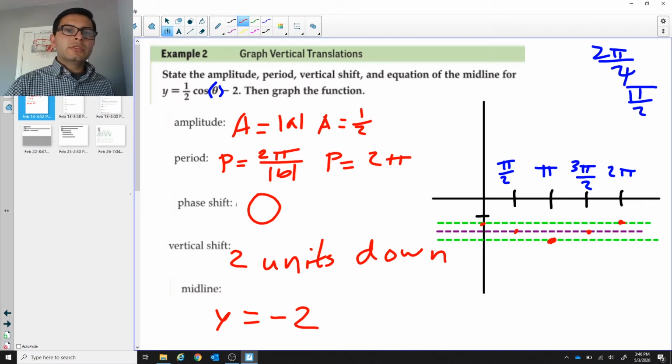And then you're just going to connect all of those points with nice little curved lines. Now, we are kind of cramped here, so I understand if this is difficult, but you should be able to get this semblance of a wave pattern. Good job. So let's try out the guided practice.